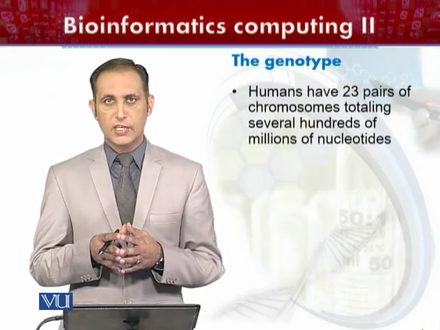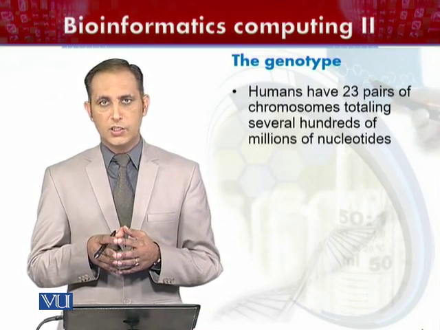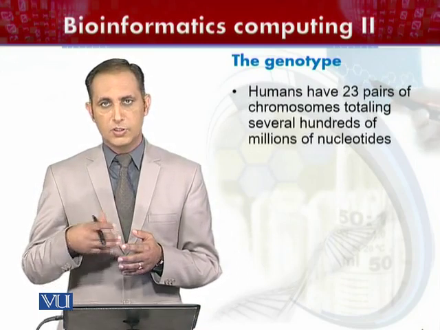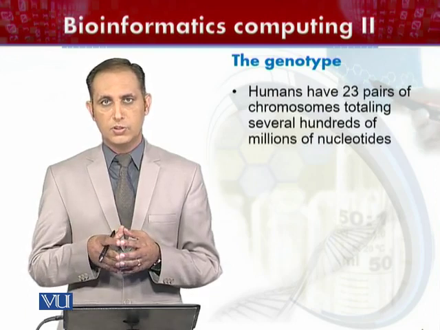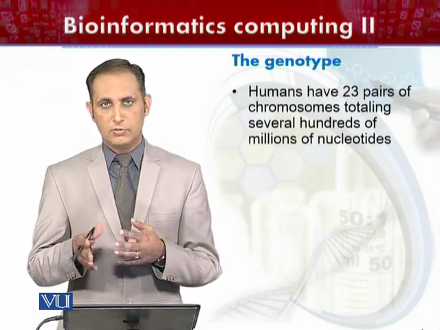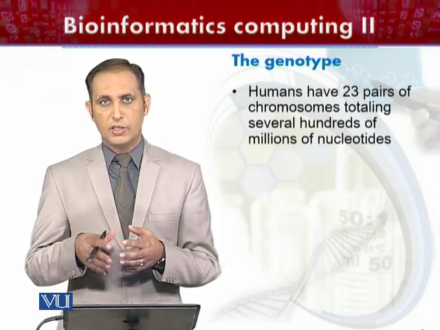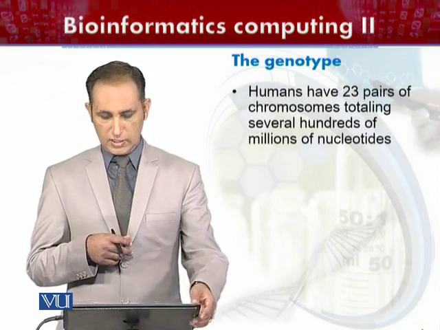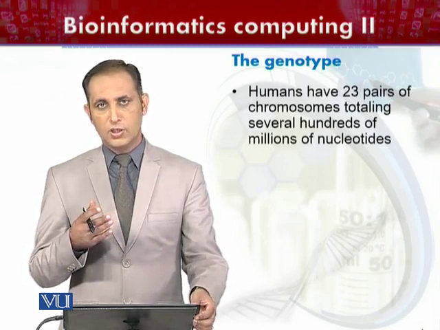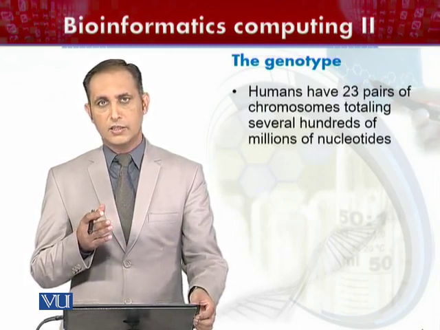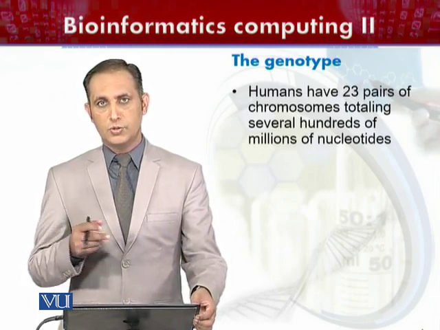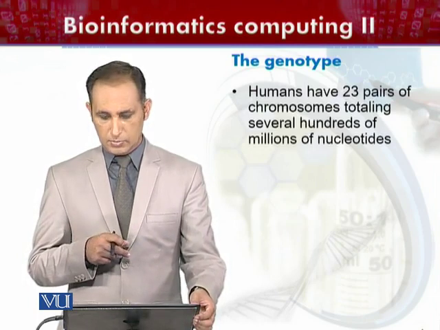For example, humans have 23 pairs of chromosomes in their diploid cells. Another species may have a different number of chromosomes in its cells. And humans have around 3.2 billion base pairs of DNA in their genome.